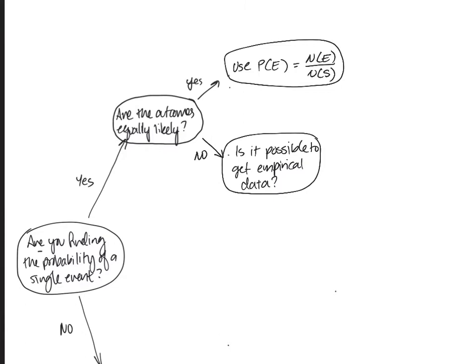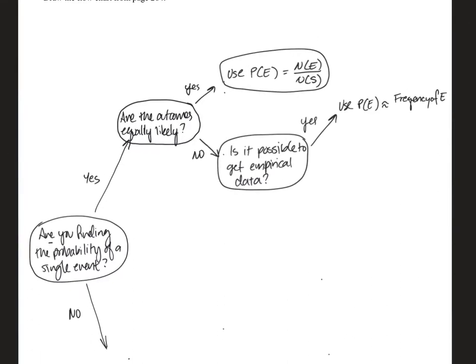Alright, so if our answer is yes, then what would we do? We would use the probability of E is the frequency of E divided by the number of trials.